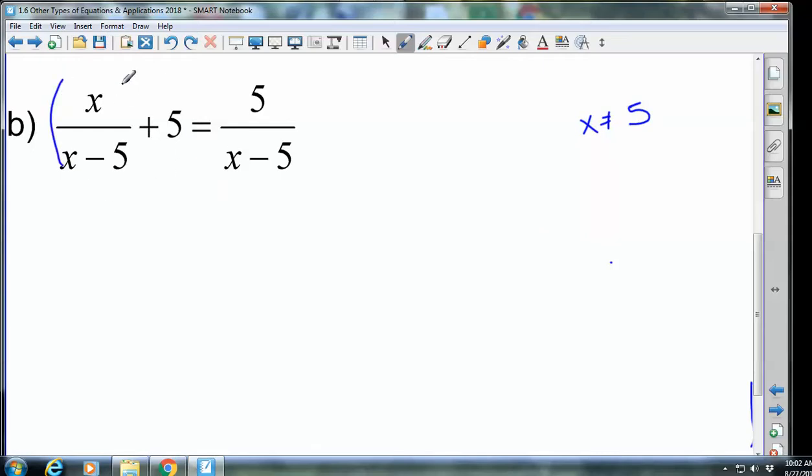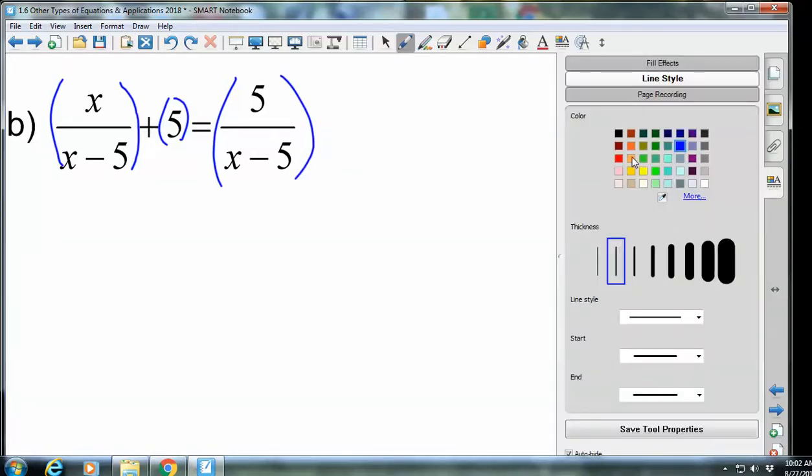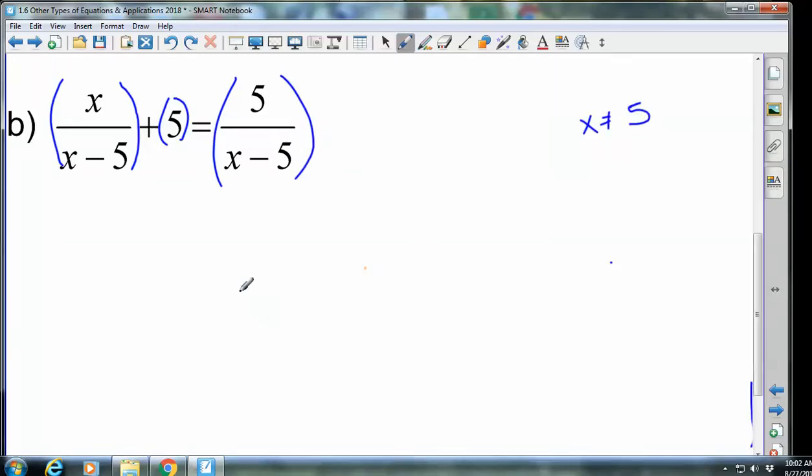Okay, so second, we really have 3 terms here. We have the first fraction, a 5, and the second fraction. What do we need to multiply by to cancel my first denominator? Right, that exact thing. Whatever it is, that's what you're multiplying by.